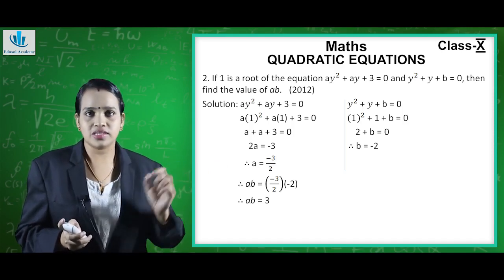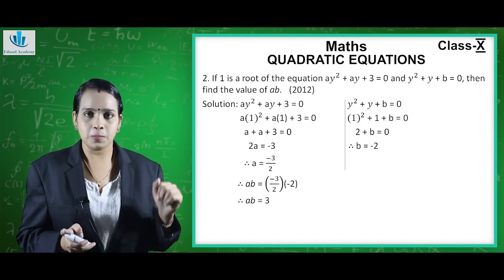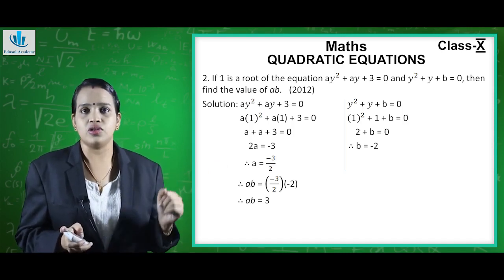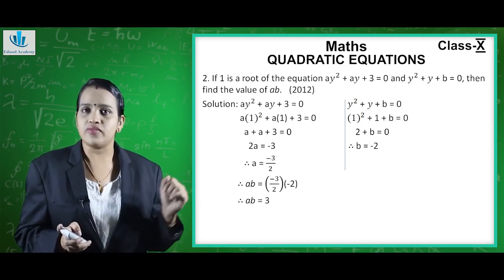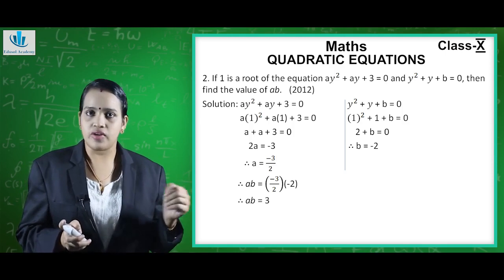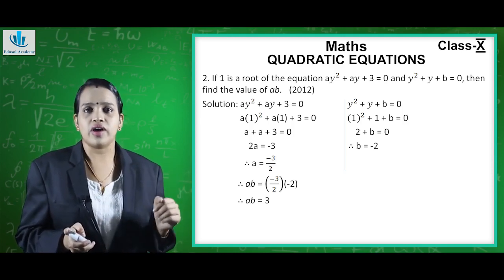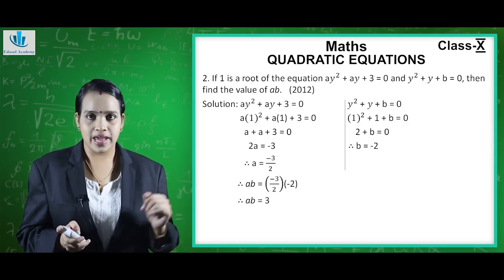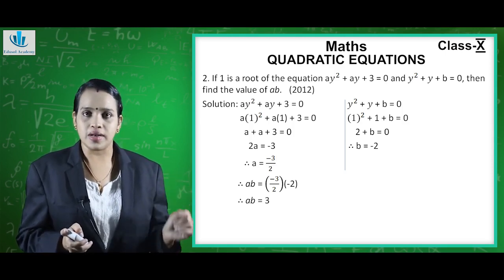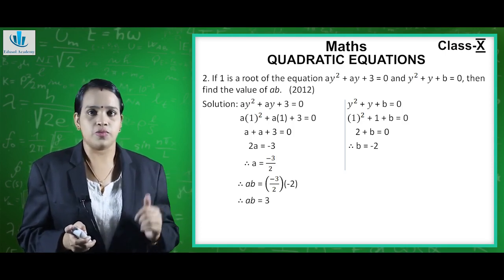First we will solve the first equation, that is ay² + ay + 3 = 0. Now it is said that 1 is the root of the equation, that means we already know the value of y. So directly we can put the value of y here. So our value of y is 1. So it becomes a into 1² + a into 1 + 3 = 0.